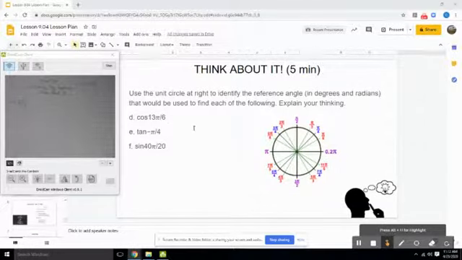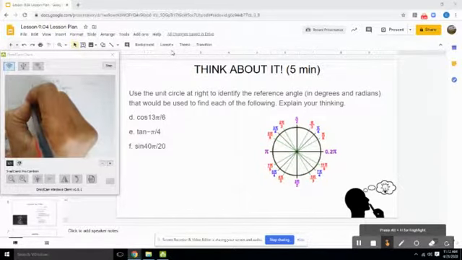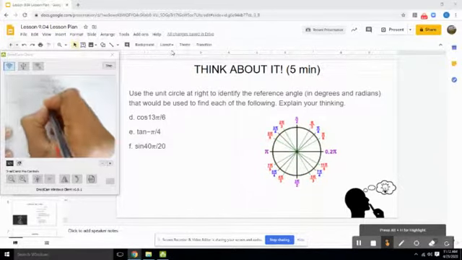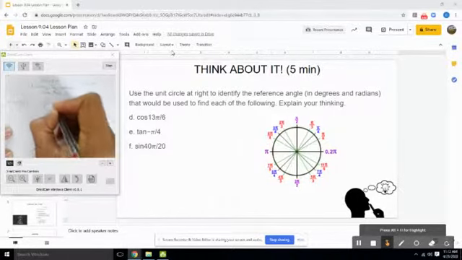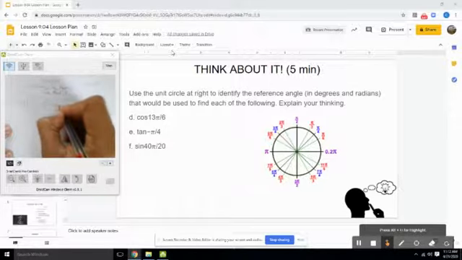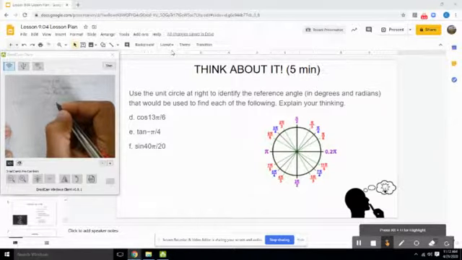So let's change it into degrees. This 13 pi over 6 to degrees would be taking this number and times it by our conversion factor. Remember that our conversion factor is pi over 180 or 180 over pi, depending on what we're looking for.